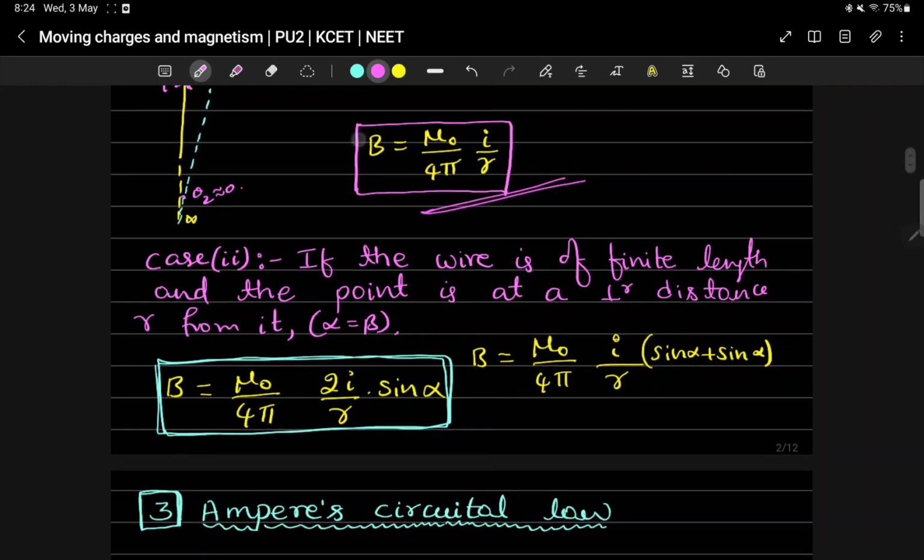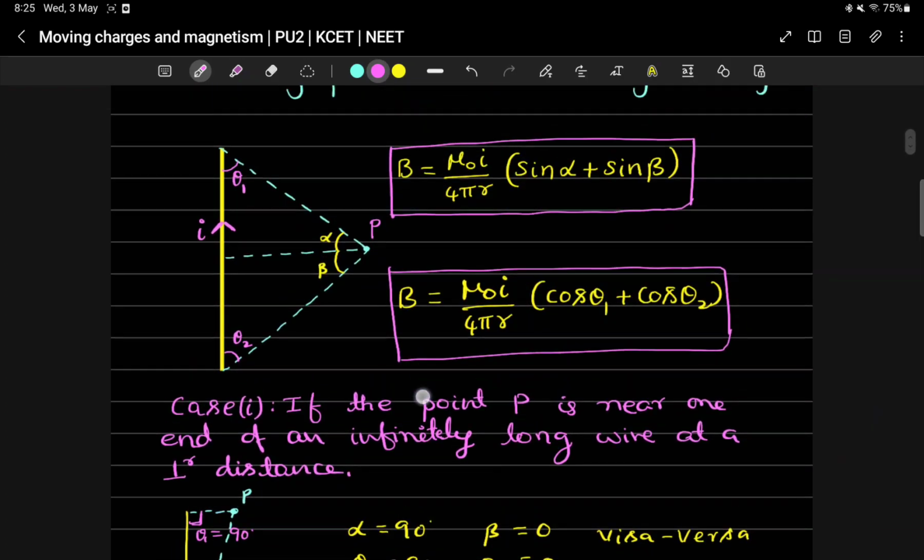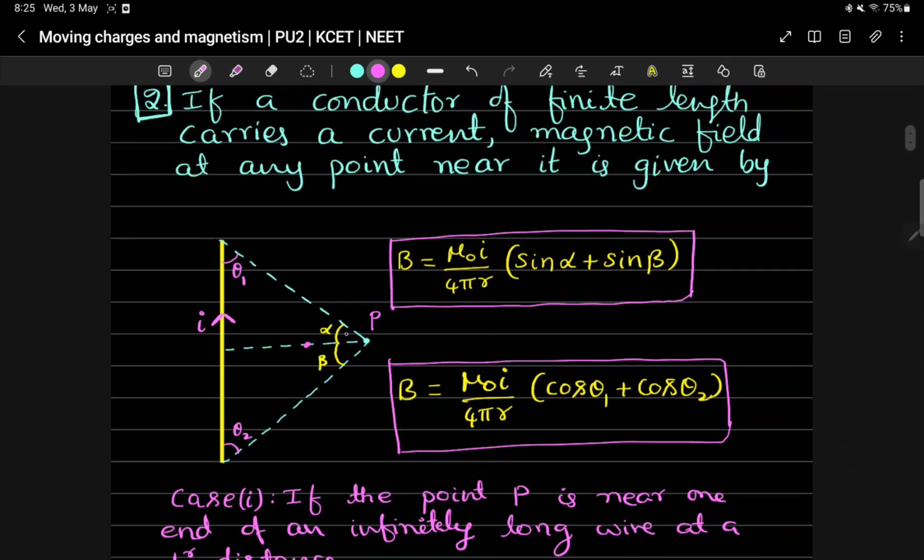We have case 2. If the wire is of finite length and the point is at exactly a perpendicular distance, then alpha will become beta, right? So if it is exactly at the perpendicular distance, and especially perpendicular to the middle point of the conductor, then alpha value and beta value will become the same, and theta 1 value, theta 2 value will become the same.